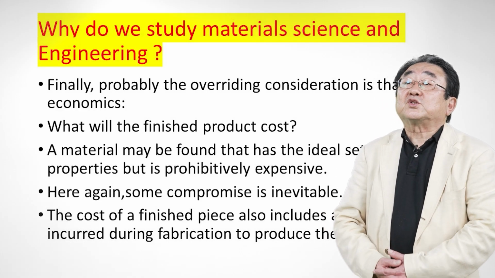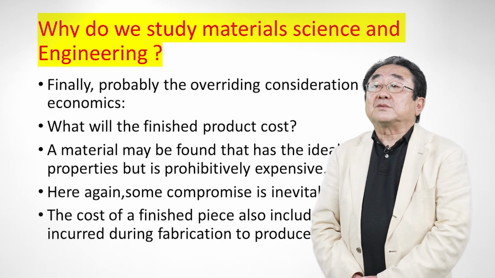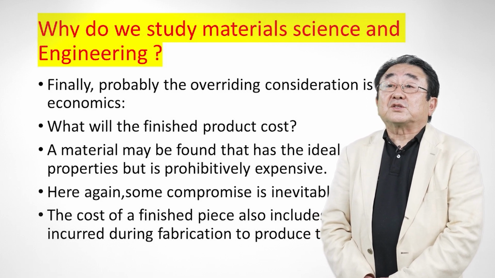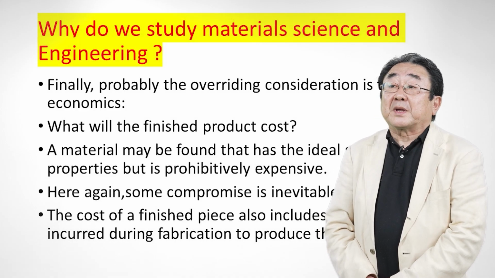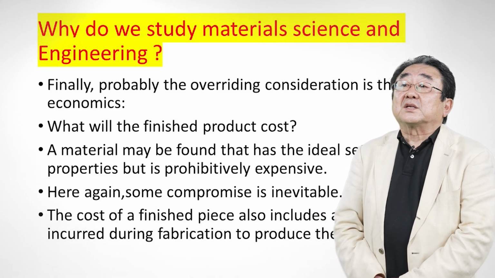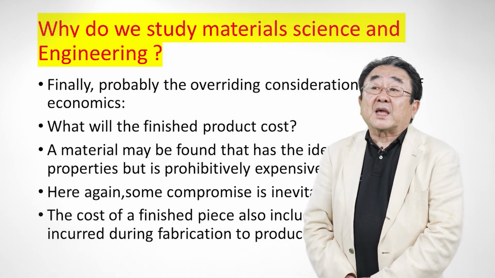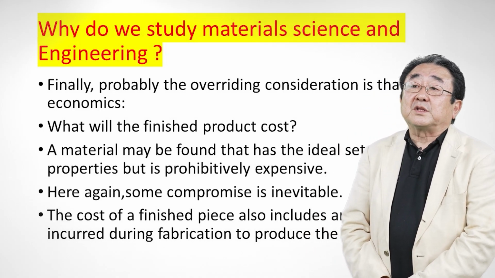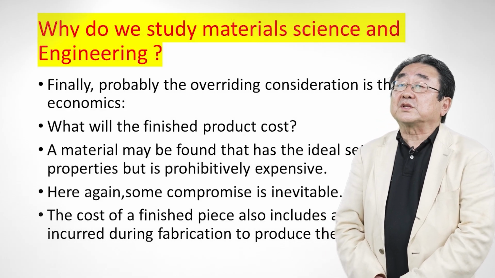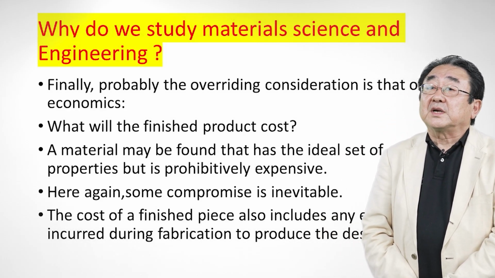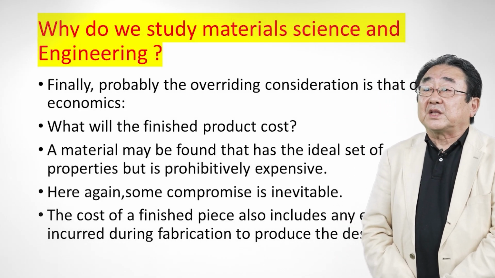What will the finished product cost? A material may be found with the ideal set of properties, but it is prohibitively expensive. Here again, some compromise is inevitable. The cost of the finished piece also includes any expense incurred during fabrication to produce the desired shape.